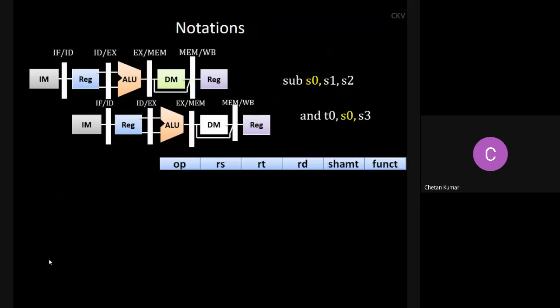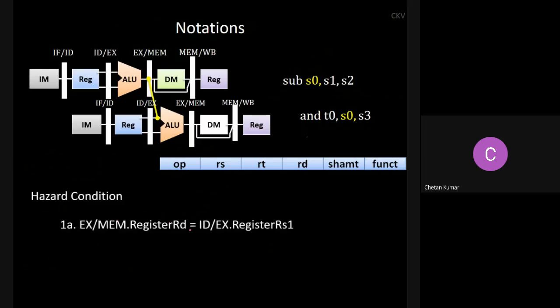Okay. So normally in the textbook, they just explain that this is what is called an EX hazard, and they give some conditions like this. The hazard condition is this for the EX hazard. Again, there are two possibilities: the dependency can be with respect to the first source, or with respect to the second source.